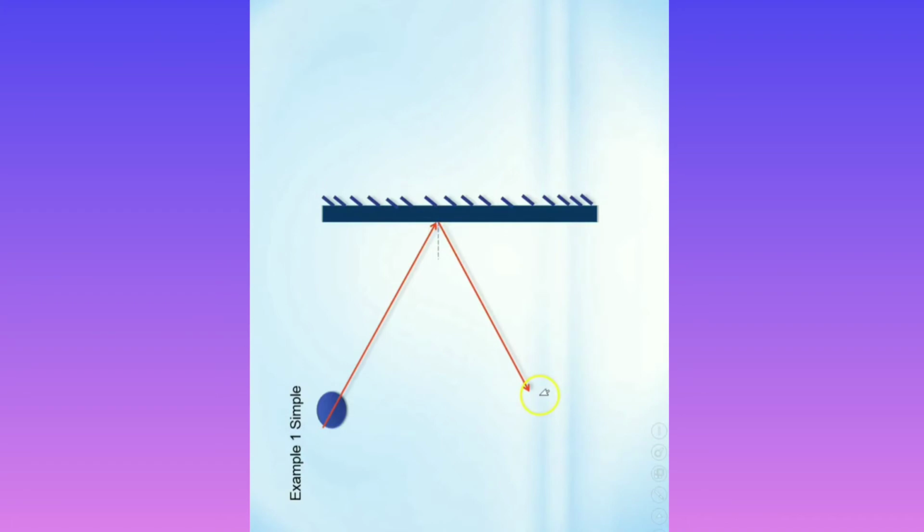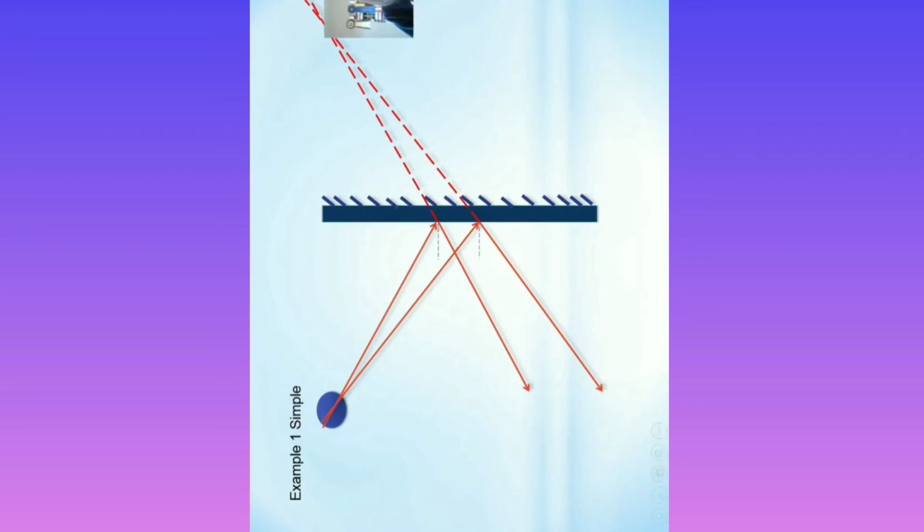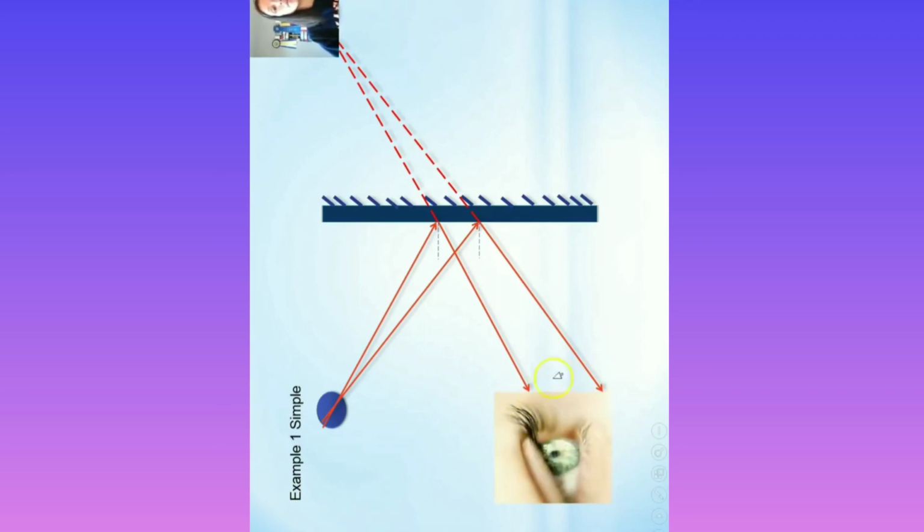After that, we'll take another arbitrary incident ray from that object and point it towards the mirror. This is the incident ray. Again, following the laws of reflection, we'll draw the normal and the reflected ray, and then we'll extend the two reflected rays backward with a dotted line. Now you can see the two reflected rays which are extended backward meet at a certain point. The point where they meet is where my image is formed, and this is the observer who is seeing the image at that point.